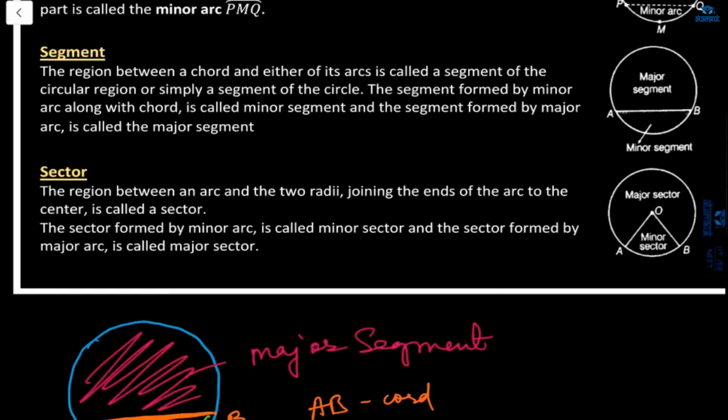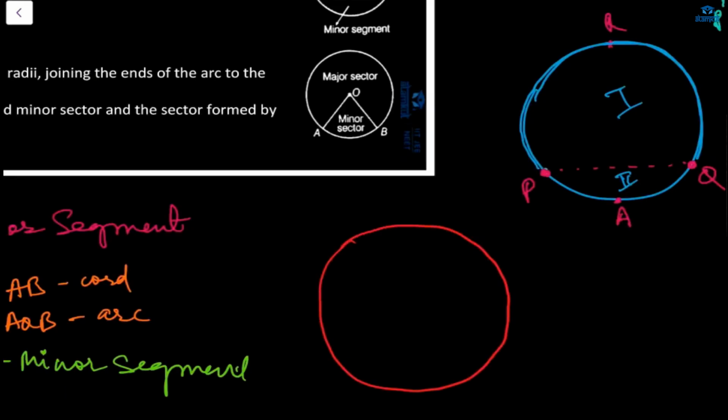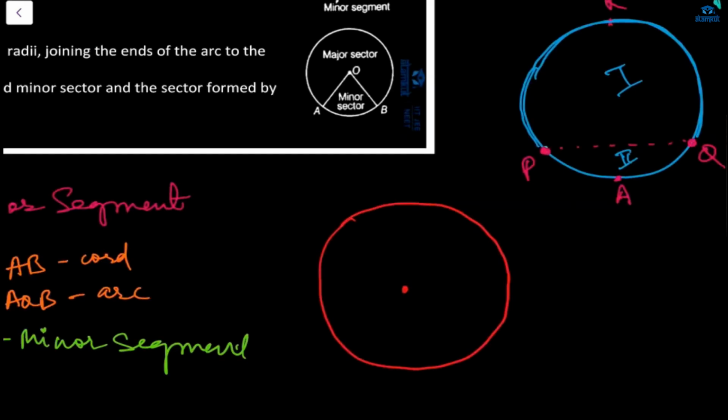Now a sector is the region between an arc and the two radii, okay. From the figure itself you can see the region between an arc and the two radii, joining the ends of the arc to the center, is called a sector, okay. Now if I am taking this arc, from its endpoints we take the radii joining the center.